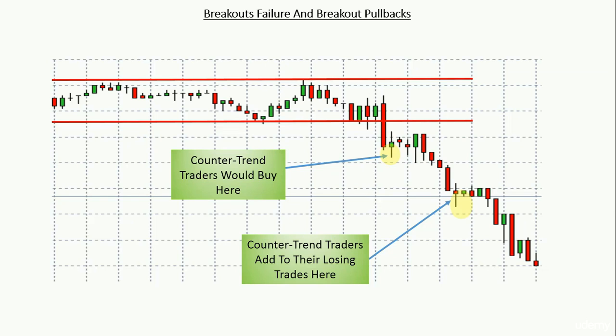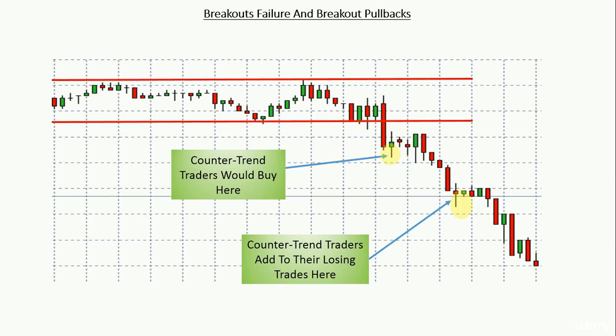If they are lucky and the price doesn't go very far, they will have some profits on their late trades that would offset their losing ones. But if they are unlucky, as is the case here, the price will keep going against them until they cannot tolerate the pain anymore, and then they will exit their trades with heavy losses.